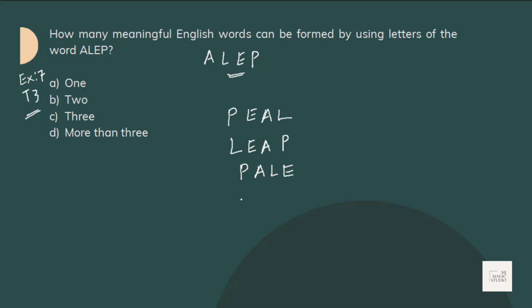And yes, one more word, plea. Plea is like requesting something in an emotional manner. So four we have got, and the options here are 1, 2, 3, or more than 3. So let us mark D, that is more than 3 words we can form with these 4 alphabets. Isn't it interesting? Again, a good vocabulary is required.